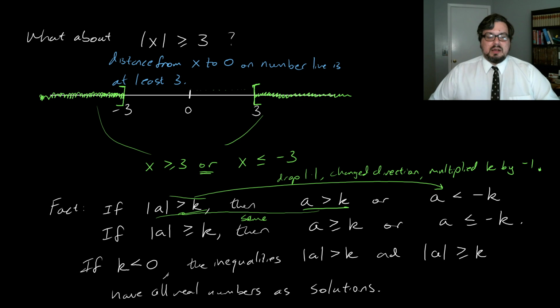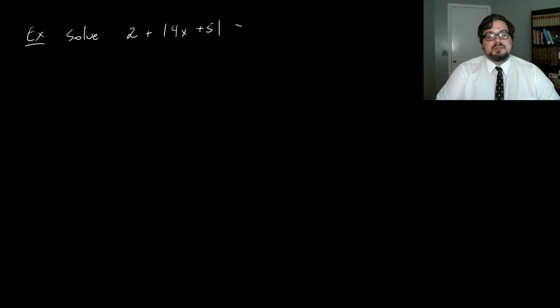So let's do an example with this. So let's solve 2 plus the absolute value of 4x plus 5 is greater than 6.